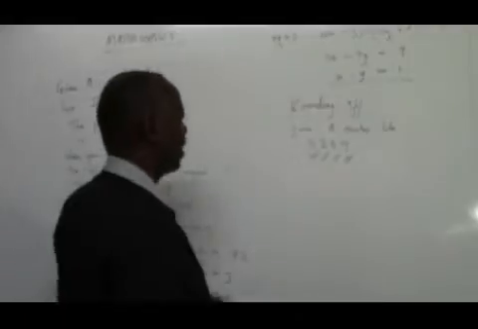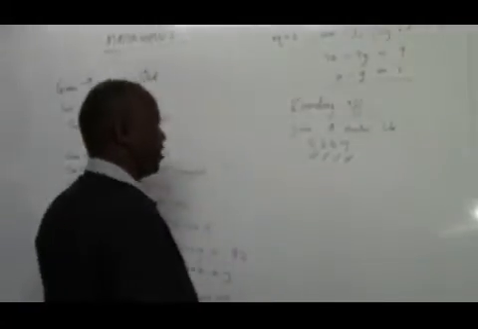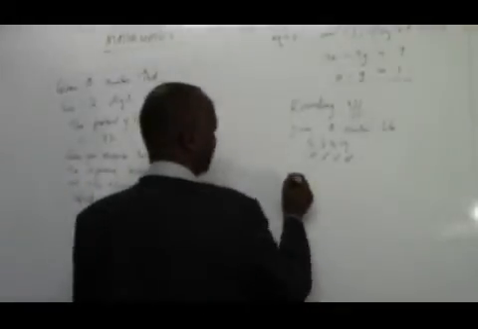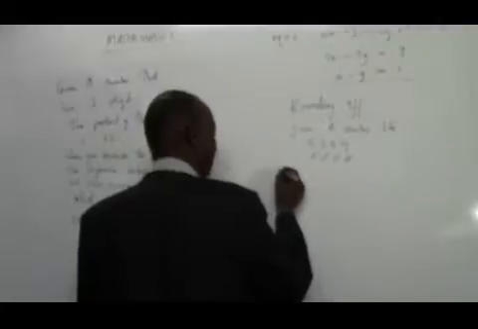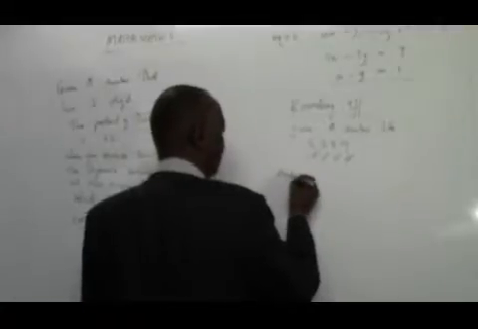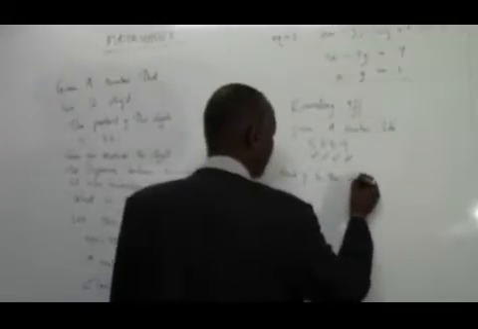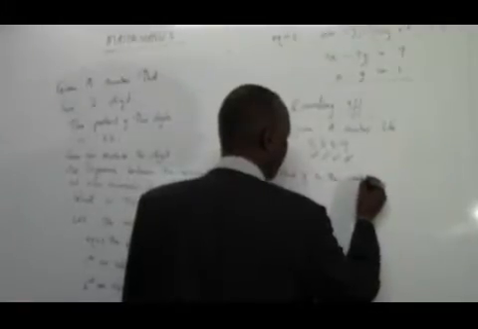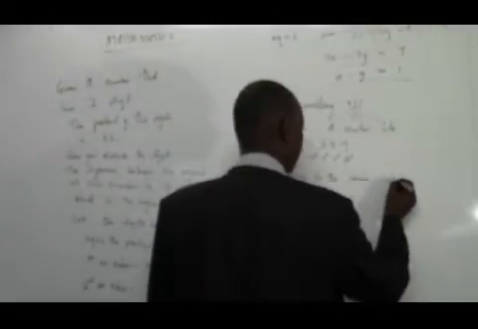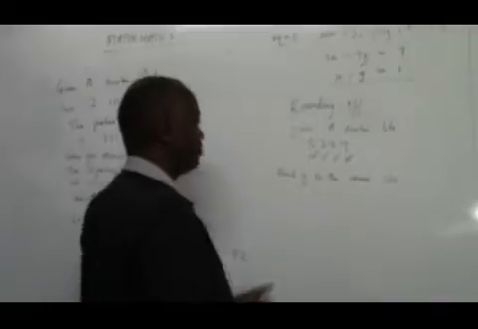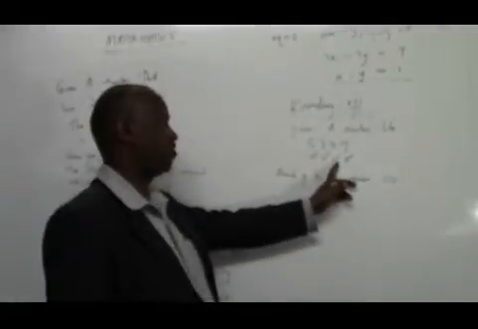So if you are to round off this number to the nearest tens, then we'll come to the place where we have the tens, which is 4.